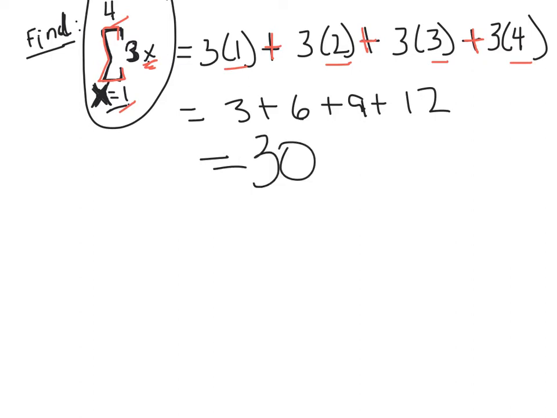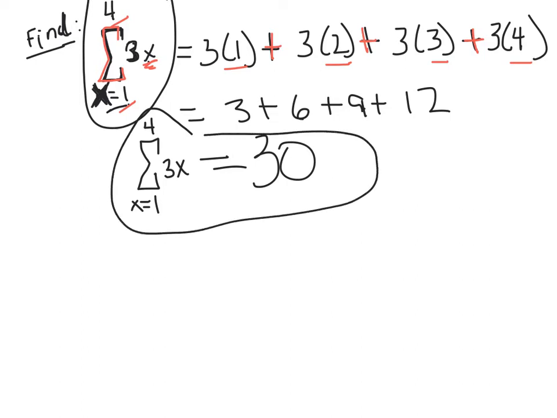So all we really have to do, particularly if our range is very small, is this. The sum of the series generated by 3x between 1 and 4 is equal to 30.